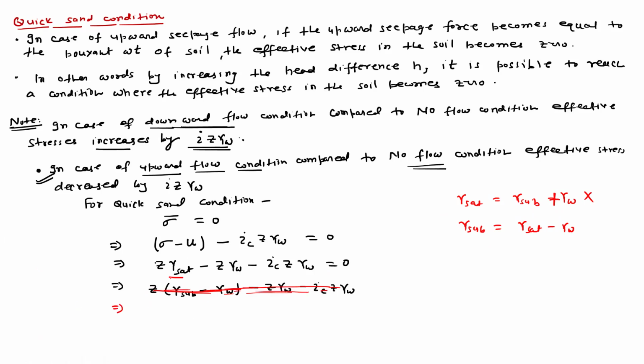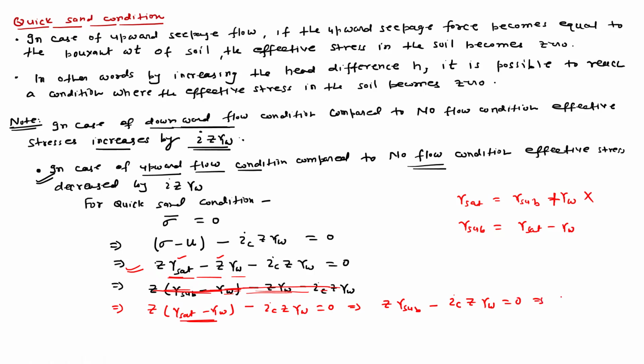So I'm further continuing after this step. If you take z common, this is gamma sat minus gamma w minus IC gamma w, all times z, equal to 0, and gamma sat minus gamma w is gamma submerged. So z into gamma submerged minus IC, the critical hydraulic gradient, z into gamma w is equal to 0.